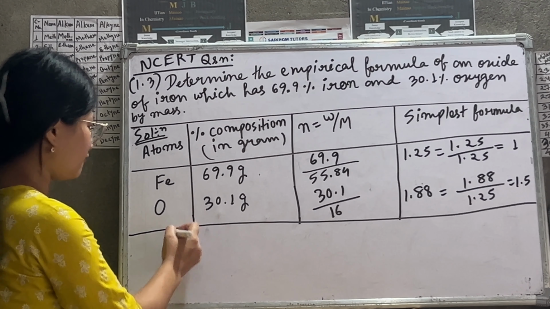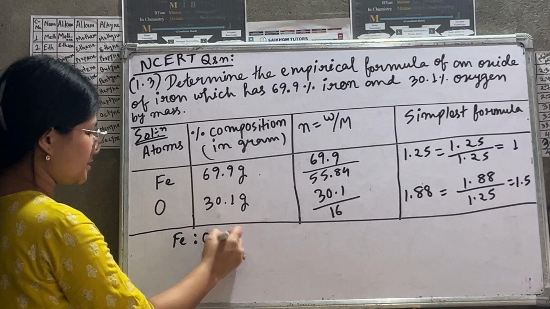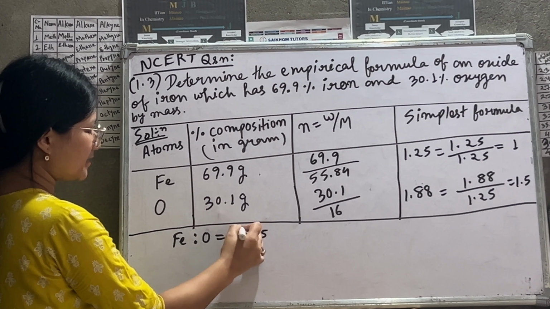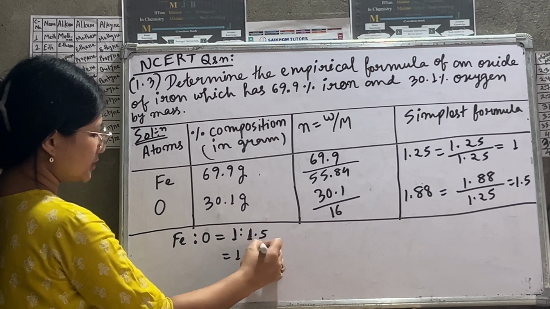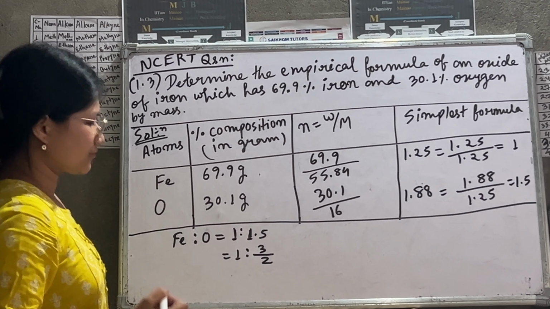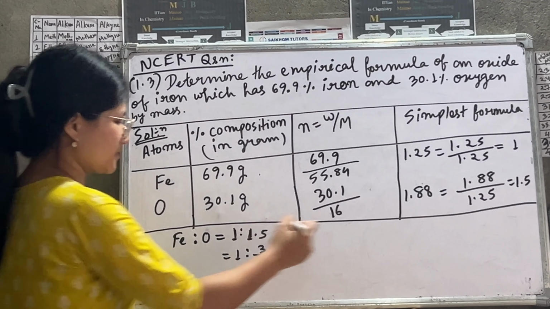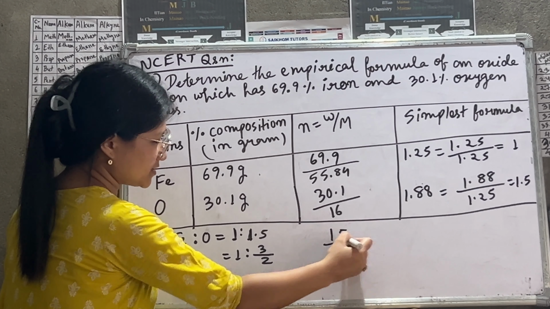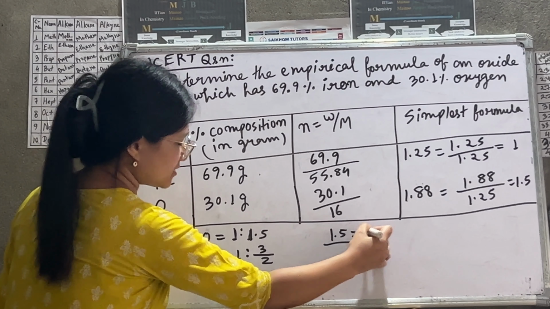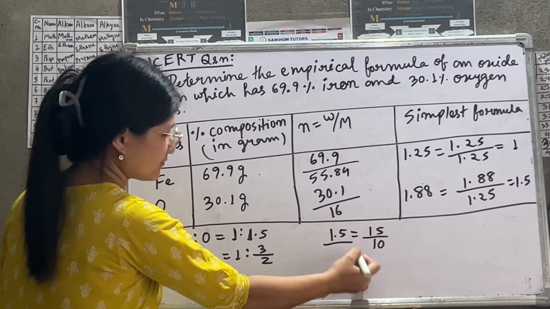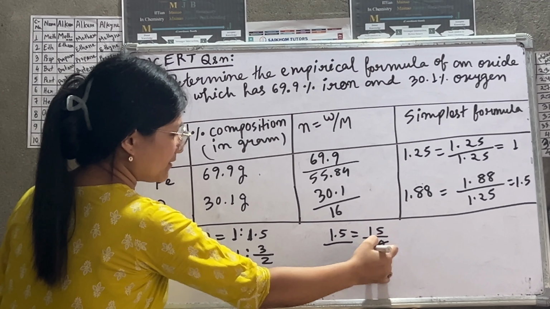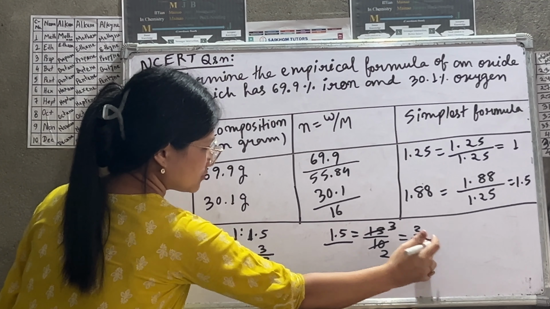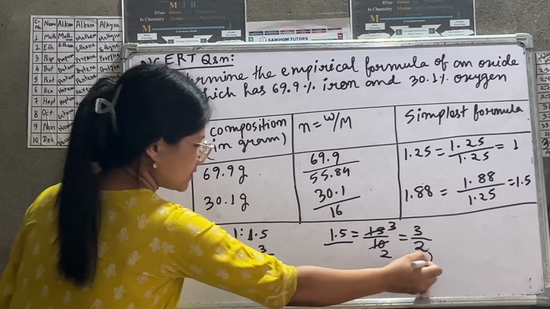So the ratio of iron and oxygen is 1:1.5. Convert this 1.5 into 3/2. Clear? So here 1.5 means 15/10. We can cancel out by 5, which gives 3/2.